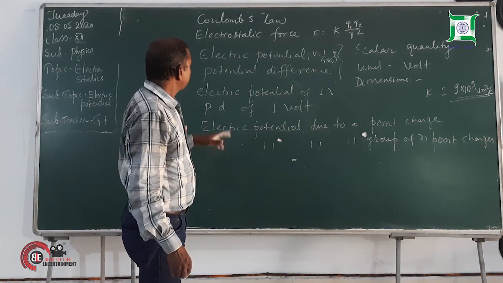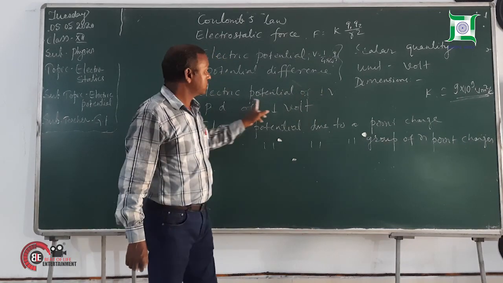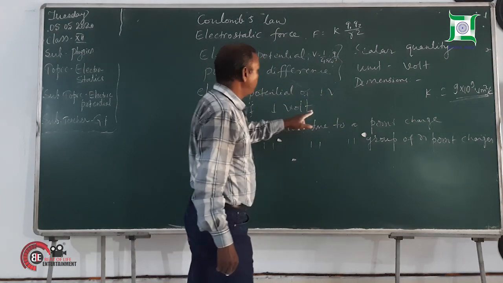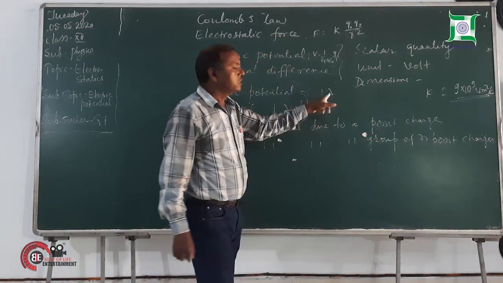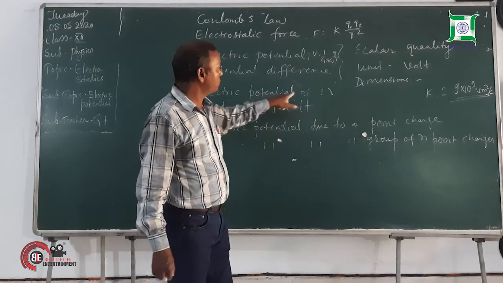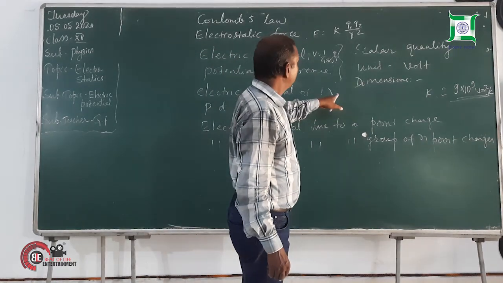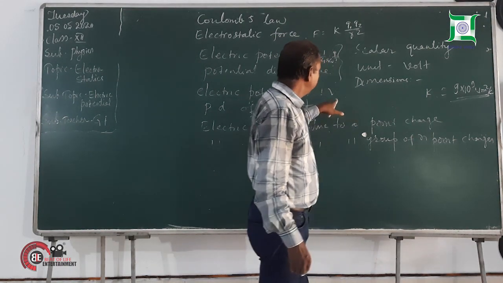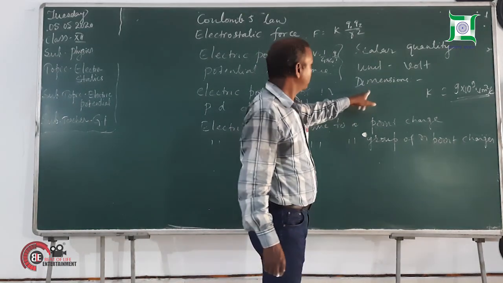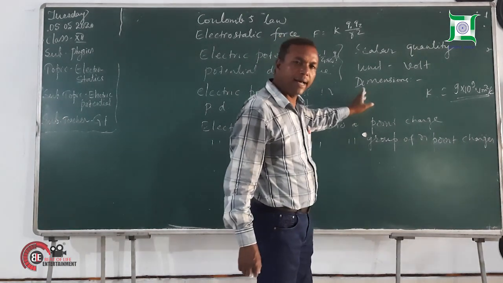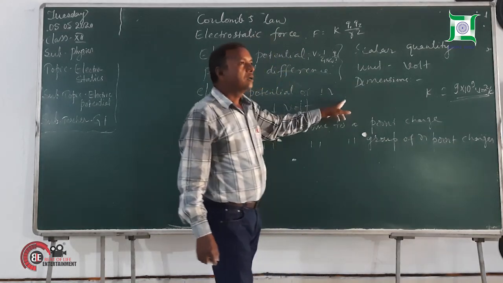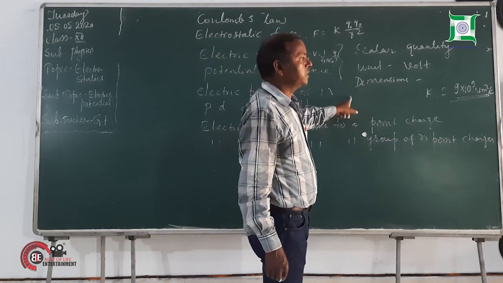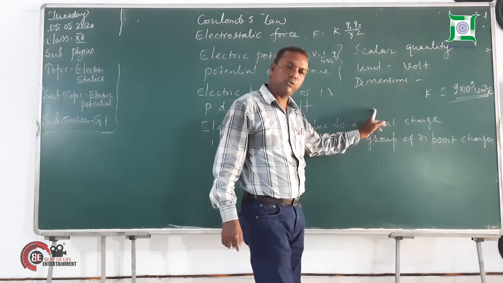Next, we have also understood the electric potential of 1 volt, which is defined as the amount of work done: when 1 joule of work has to be done in moving a positive charge of 1 coulomb from infinity to a point in an electric field against electrostatic forces.